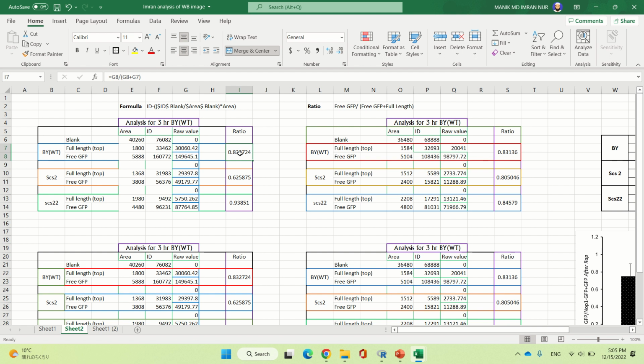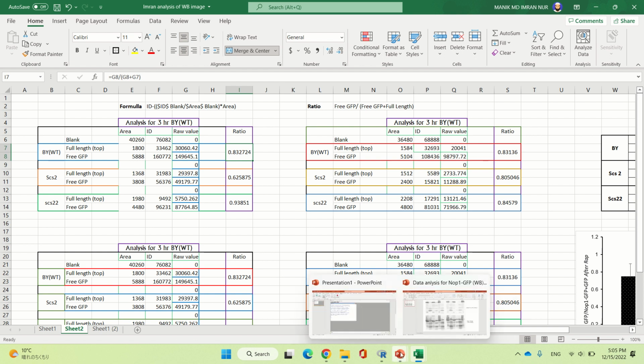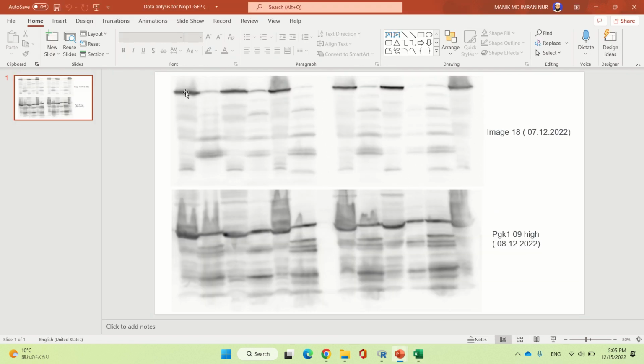NOP1 not degraded is as black as the loading control. But when the NOP1 is degraded, it becomes straight. This PGK1 is still black, which indicates PGK1 is not degraded. This level indicates that it was loaded correctly. Loading control means it indicates that it is loaded correctly. Yes, there is no variation in the amount.